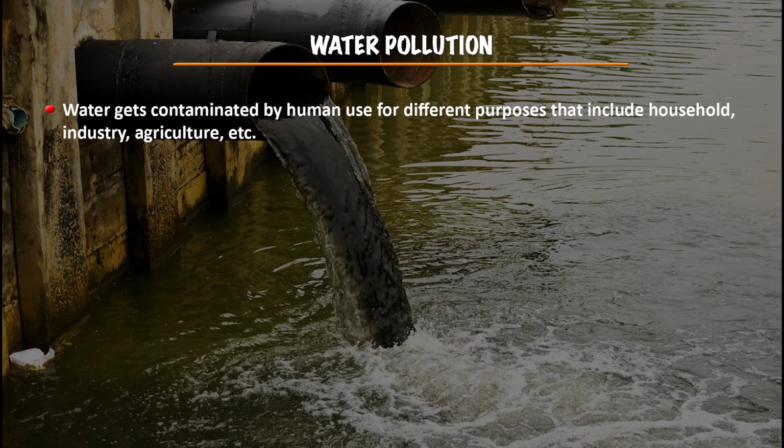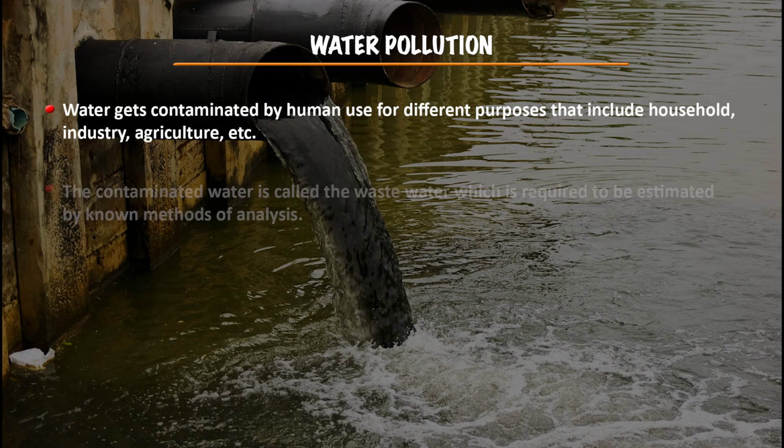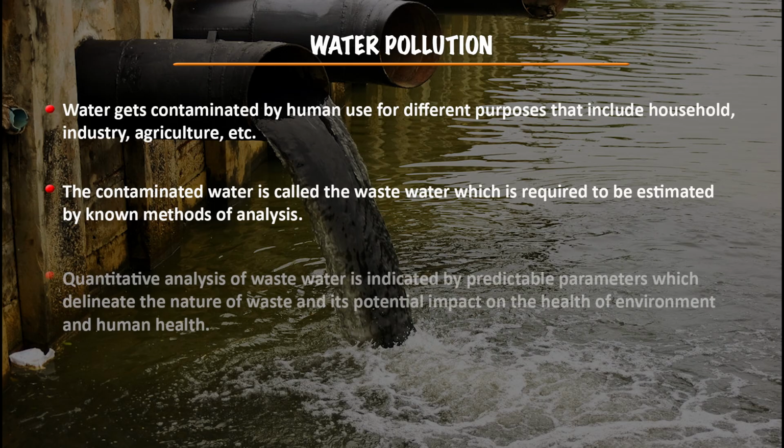Water gets contaminated by human use for different purposes like household use, industrial use, and agricultural use. The contaminated water is normally wastewater, which needs to be estimated by known methods of analysis. Quantitative analysis of wastewater is also indicated by predictable parameters. It provides the nature of the waste and its potential impact on the health of the environment and human health.